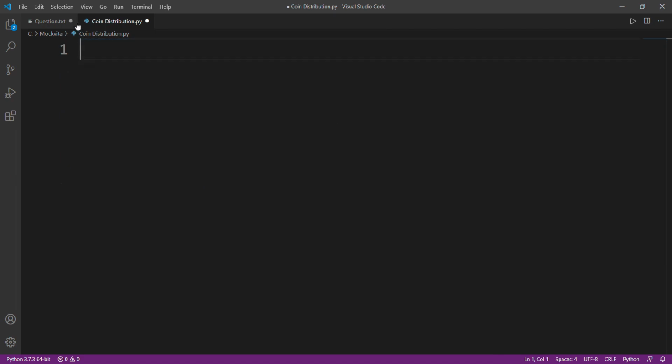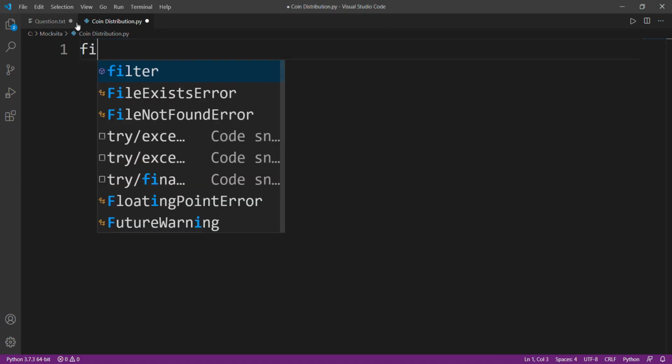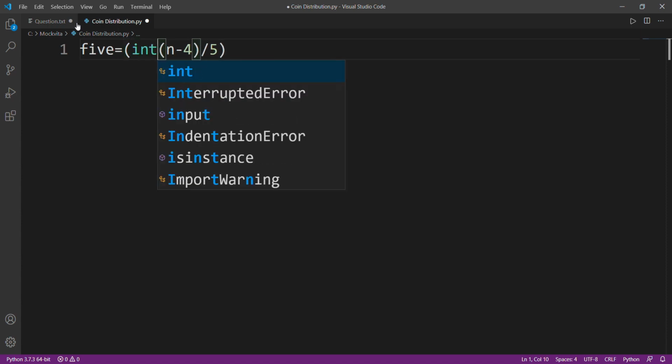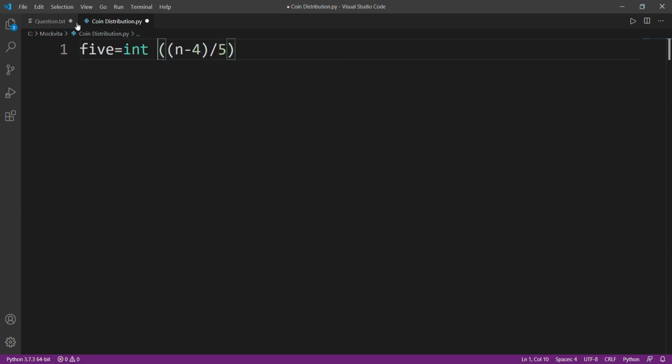So my condition here will be like this. I want to calculate how many fives I'm going to use. Suppose the number is n, so n minus 4, I'll simply subtract 4, and after that I'll divide it by 5, and whatever the value is, I'll just typecast it.